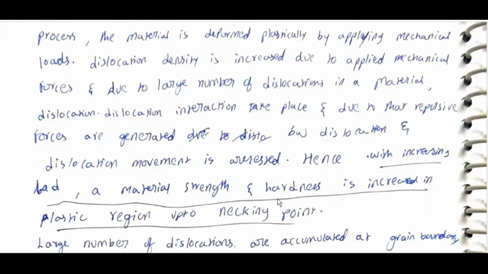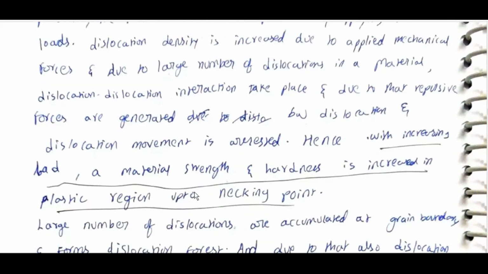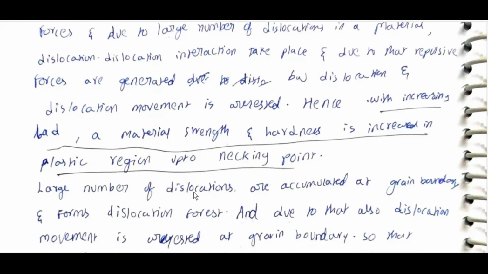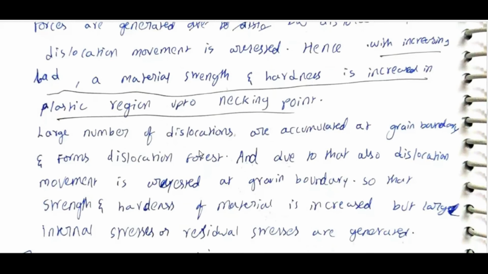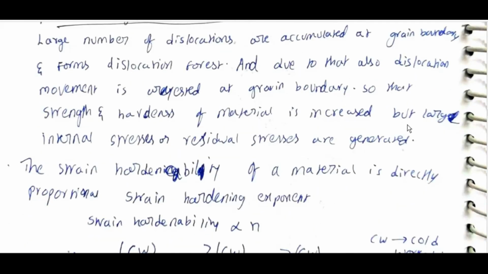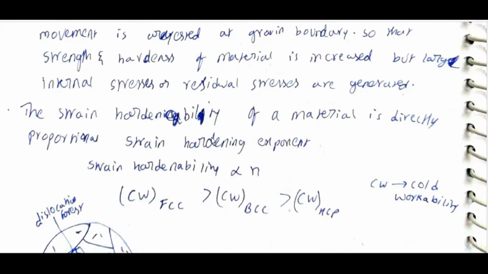Hence, with increasing load, material strength and hardness are increased in the plastic region up to the necking point. Large numbers of dislocations accumulate at grain boundaries and form a dislocation forest, so dislocation movement is arrested at the grain boundary, and strength and hardness increase, but large internal or residual stresses are generated.